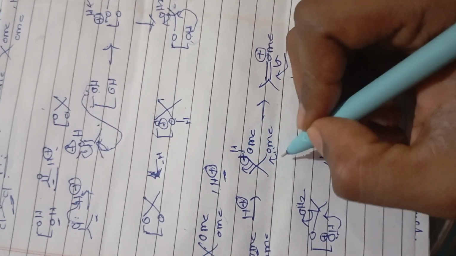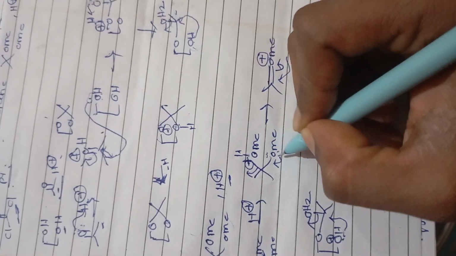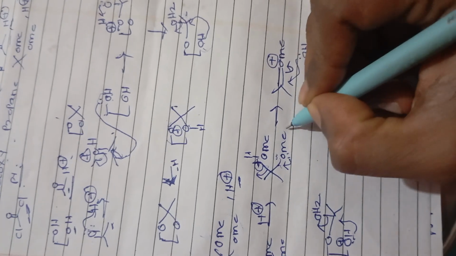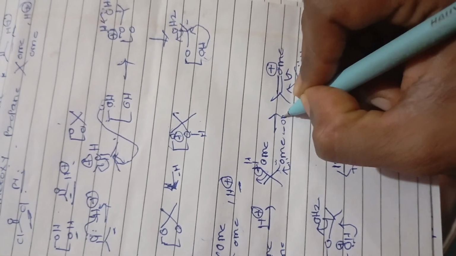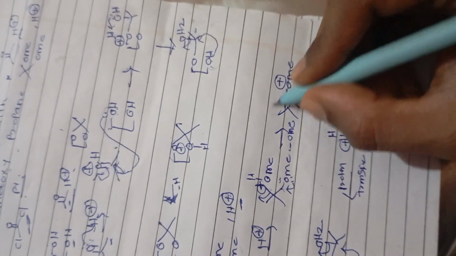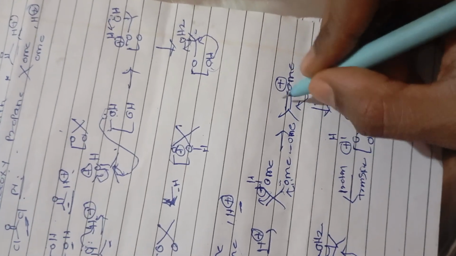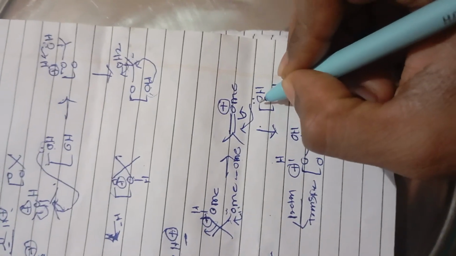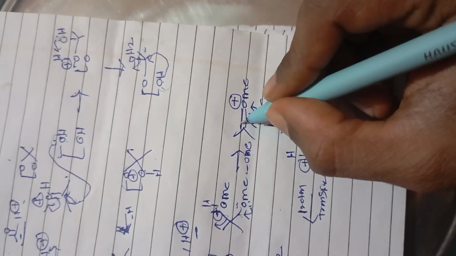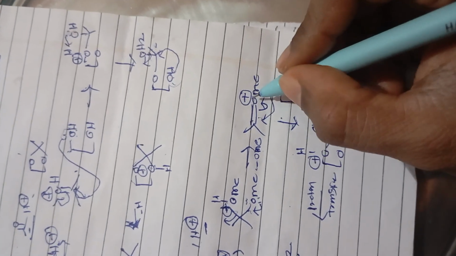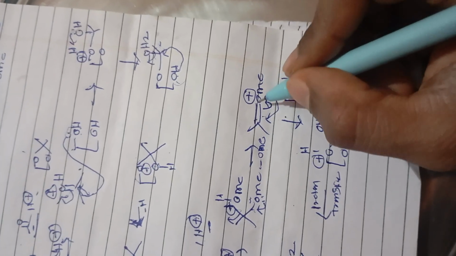When it gets protonated, the lone pair of the oxygen shifts and the methoxy group is removed. The methoxy group here is a good leaving group, that's why it is easily eliminated and you get this intermediate. Now the lone pair of the diol molecule attacks this carbon, and the electrons shift toward the oxygen.